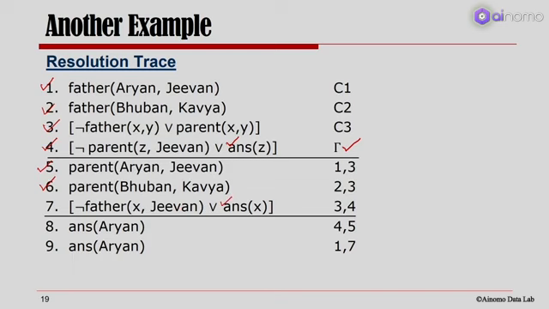Now, the resolution between these two, here one needs to look at again. See, here I have x for z and Jivan for y, and that leads to not father x, Jivan, answer x. Now, we could see that when I resolve 4 and 5, I have answer as Aryan, or I resolve 1 and 7, I have answer as Aryan.